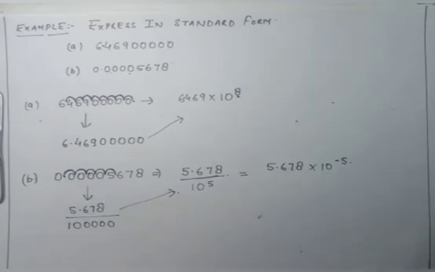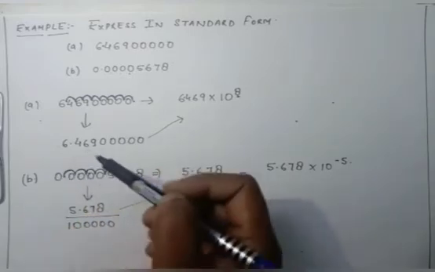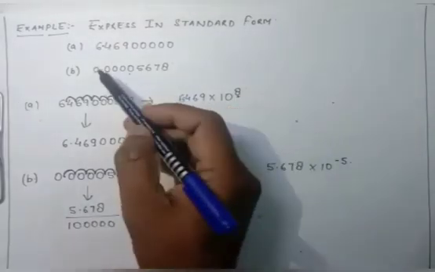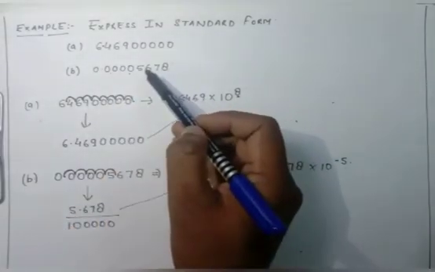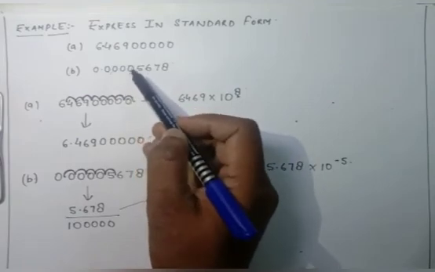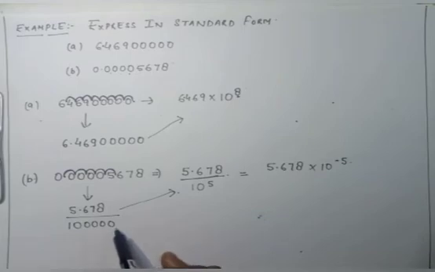Or in another way, the easier method: remove the decimal. Where was the decimal? Over here. So 1, 2, 3, 4, 5, 6, 1, 2, 3, 4, 5, 5 places. So how many zeros are we going to add? 1, 2, 3, 4, 5.